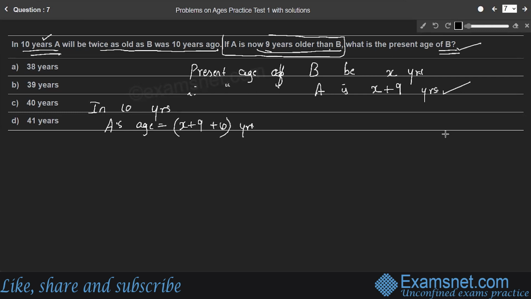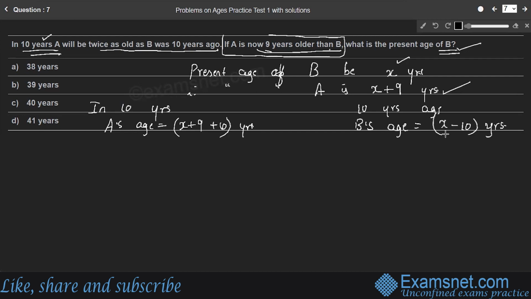And 10 years ago, B's age is equal to the present age X years minus 10 years. So this is B's age 10 years ago, right?